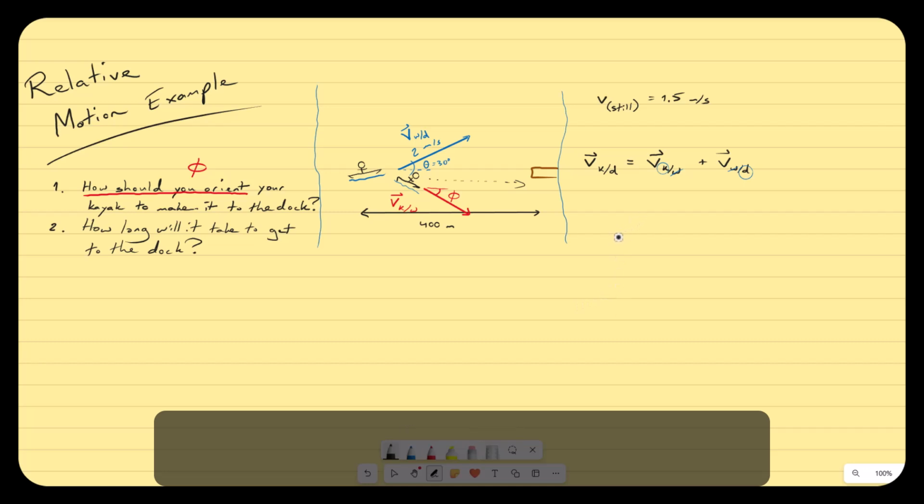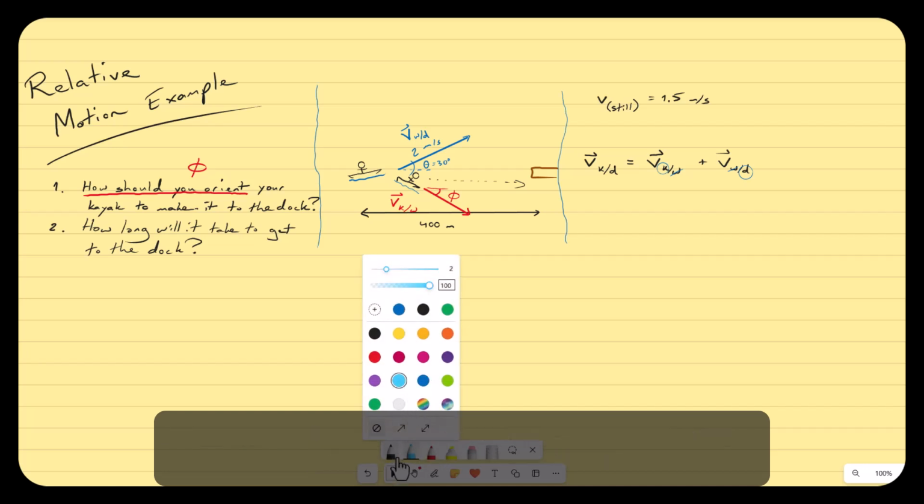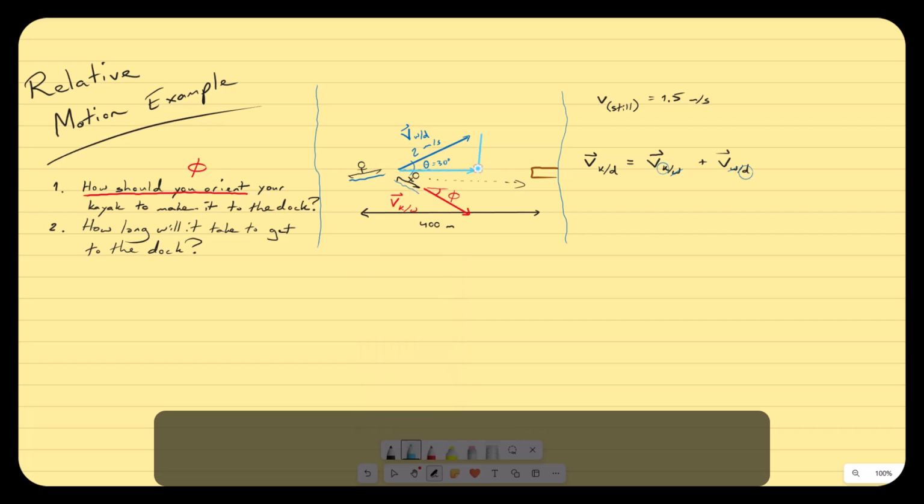So we need to do some vector addition. I'm going to take this velocity of the water relative to the dock and break it into components. I have an x component and a y component. Here is the velocity of the water relative to the dock, and this is the y component.